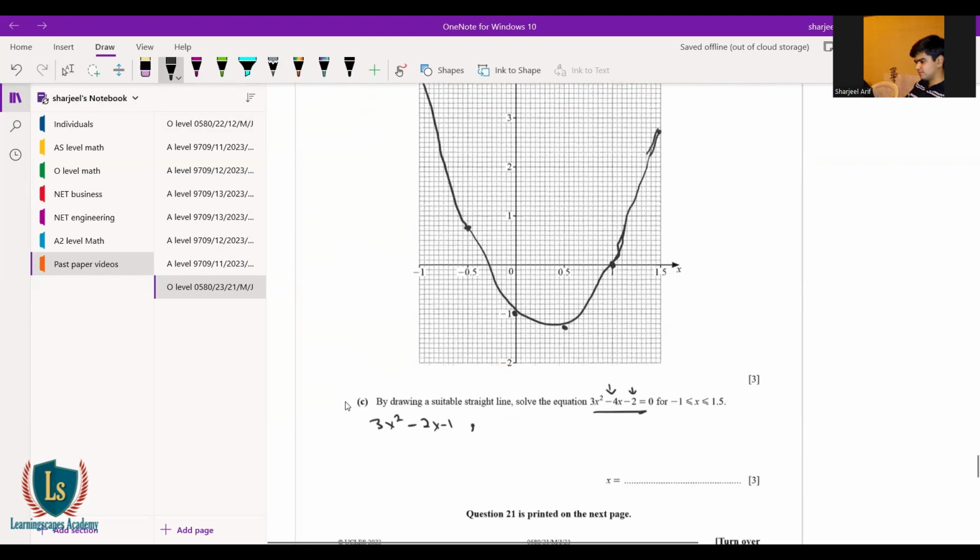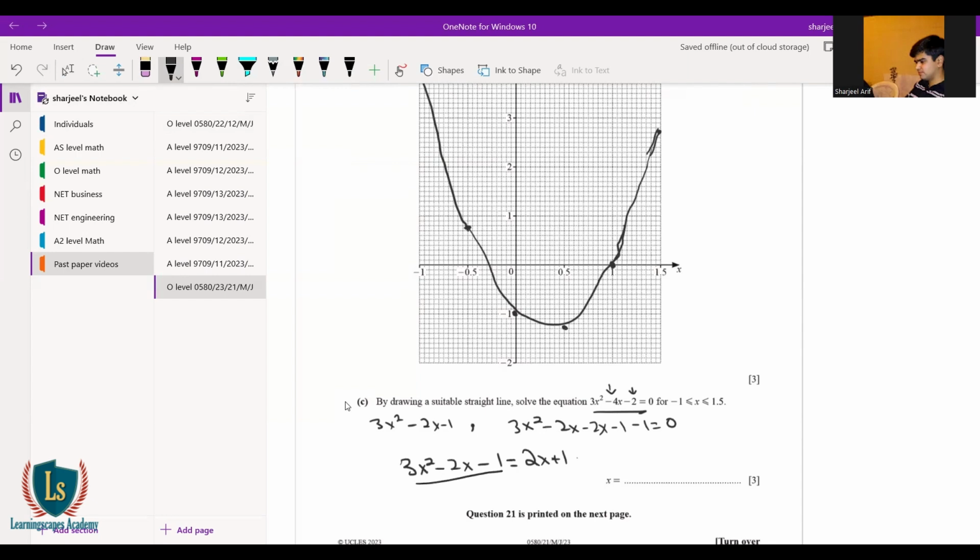So we will rearrange the given equation as 3x squared minus 2x minus 1 equal to 2x plus 1. Can we write it as 3x squared minus 2x minus 2x minus 1 equal to 0? Then we can rearrange it to this equation.